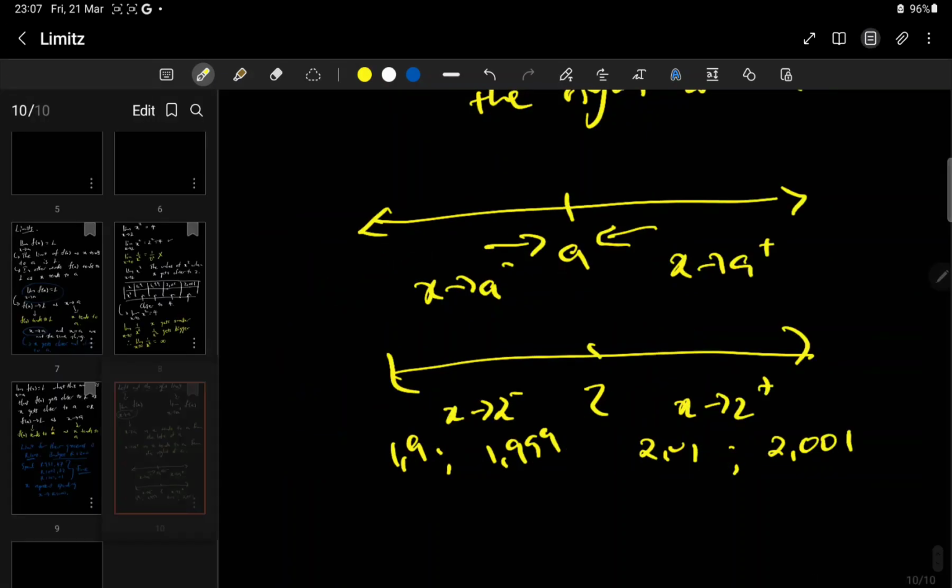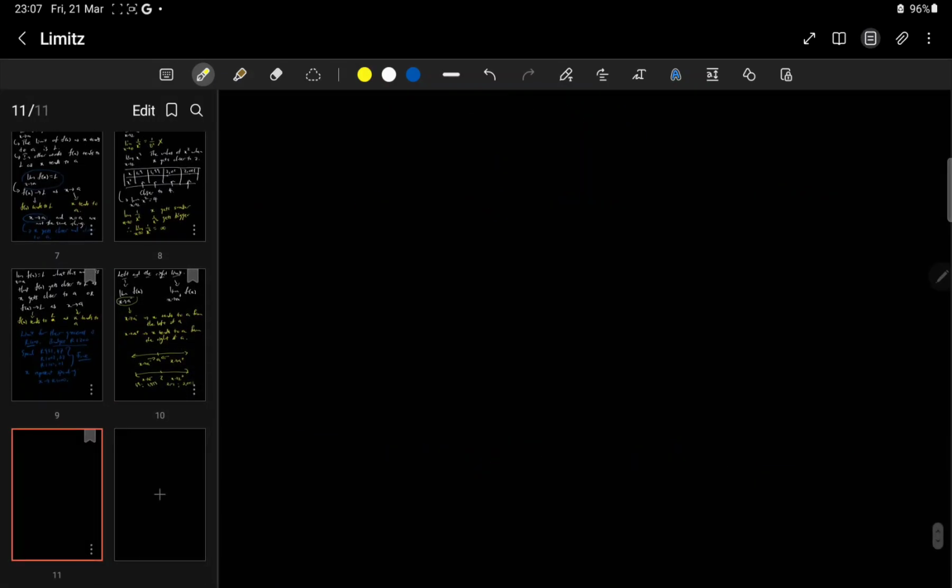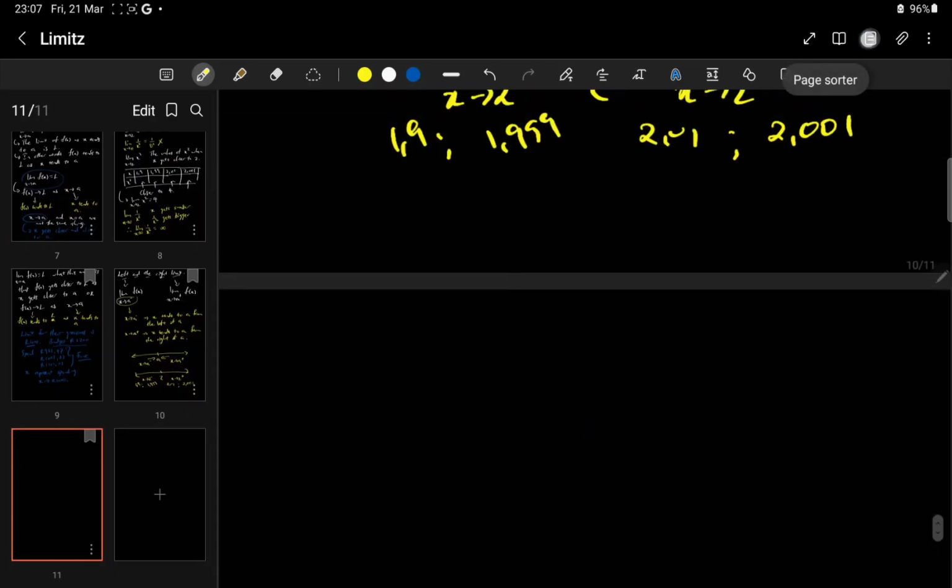So let's say, for instance, let's go back to our example of the limit as x tends to 2. Let's say we want to find the limit as x tends to 2 from the left of 2 of x squared.